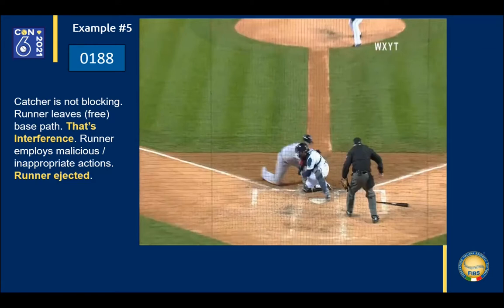That's interference, for sure. The runner employs malicious inappropriate action. Why is that? Because he's almost jumping into the catcher. So he's not having a contact to the ground before making contact to the catcher. So runner is ejected. But again, remember, those clips were recorded before this rule was in effect. So from today's perspective, a different ruling must be applied.